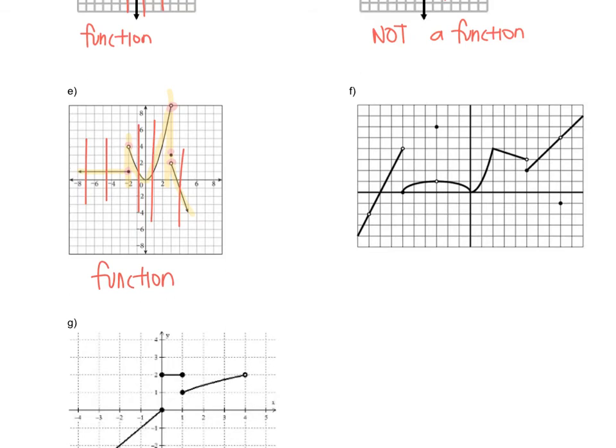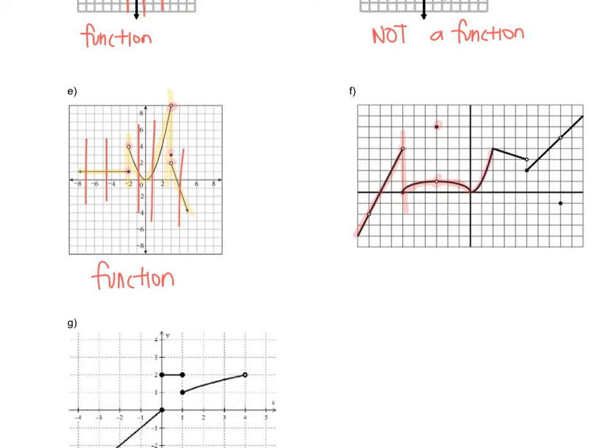Now let's look at the next one. I look at this first segment, and I'm okay with it. It's passing the vertical line test. I check the distinction here. There's an open hole on top and a closed circle on the bottom, so that's okay. If I continue on this little curved part, I notice there's a point up here, but a hole down in the curve. That's still okay.